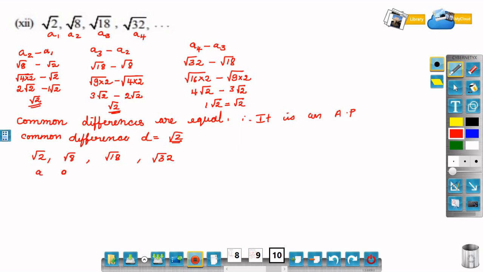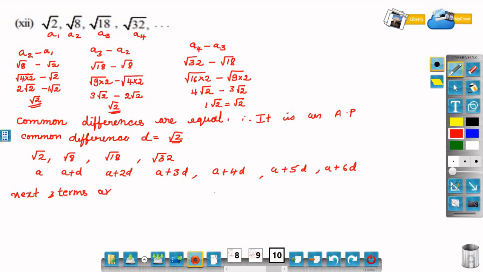The terms are A, A plus D, A plus 2D, A plus 3D. So next 3 terms are A plus 4D, A plus 5D, A plus 6D.